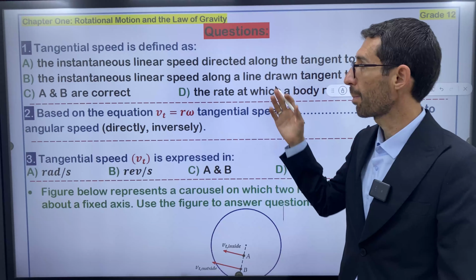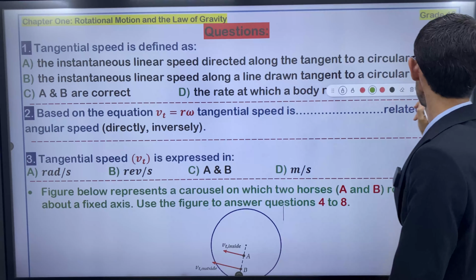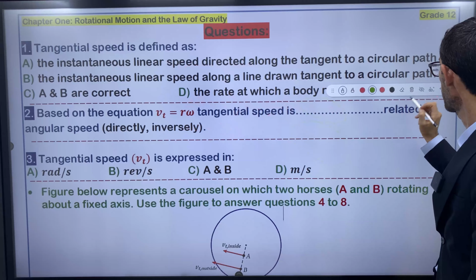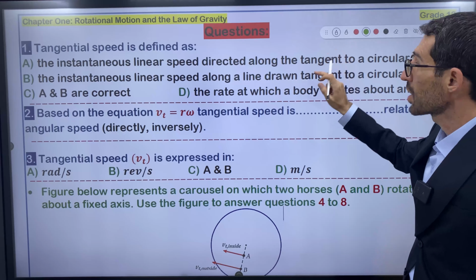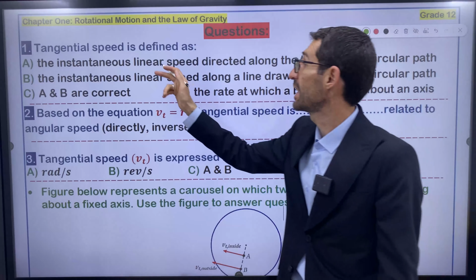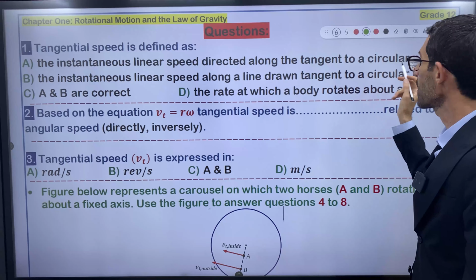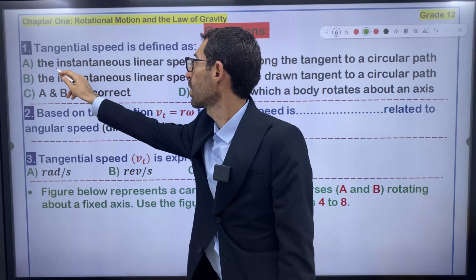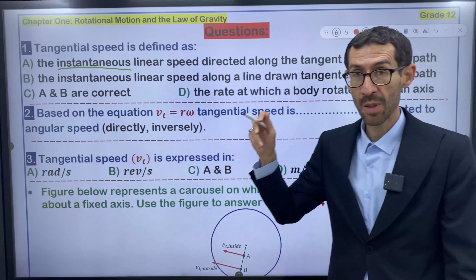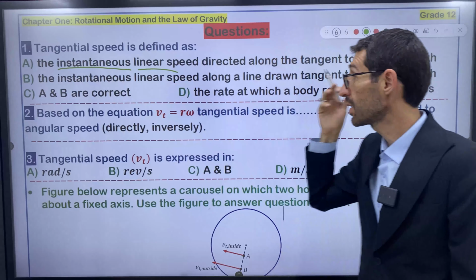Let's read number one. Tangential speed is defined as what? Instantaneous linear speed directed along the tangent to the circular track. So the definition mentions two things, instantaneous and linear, right?